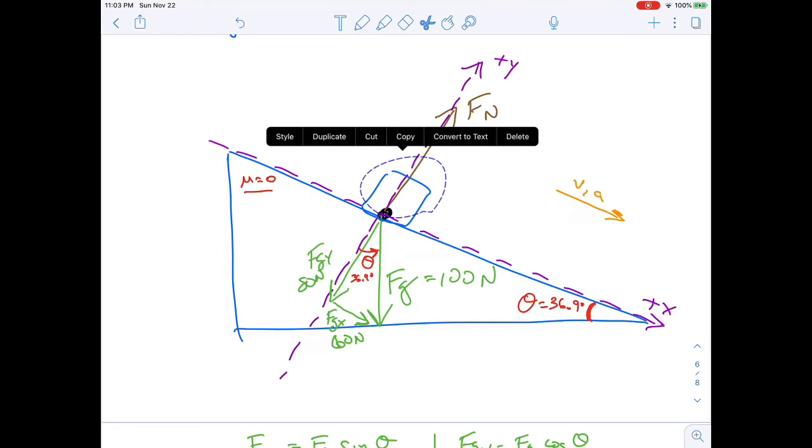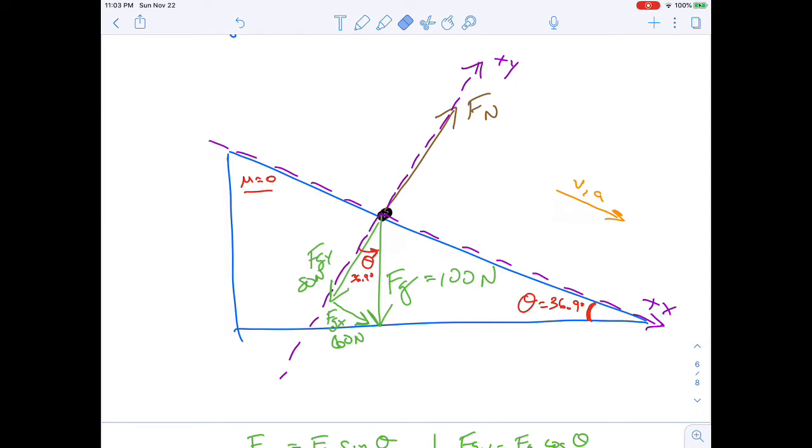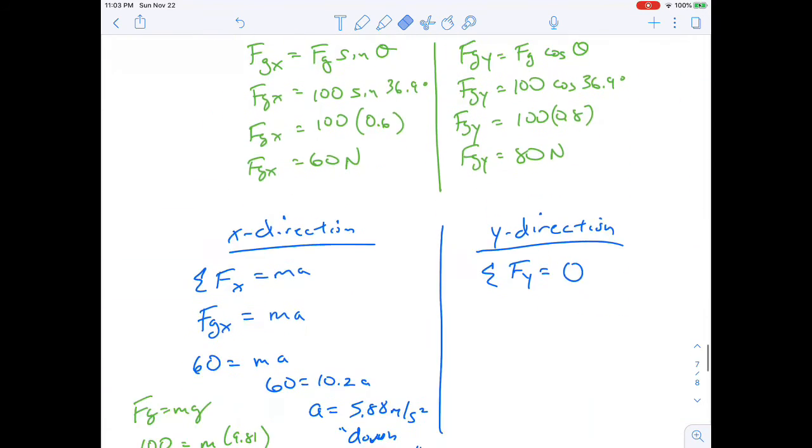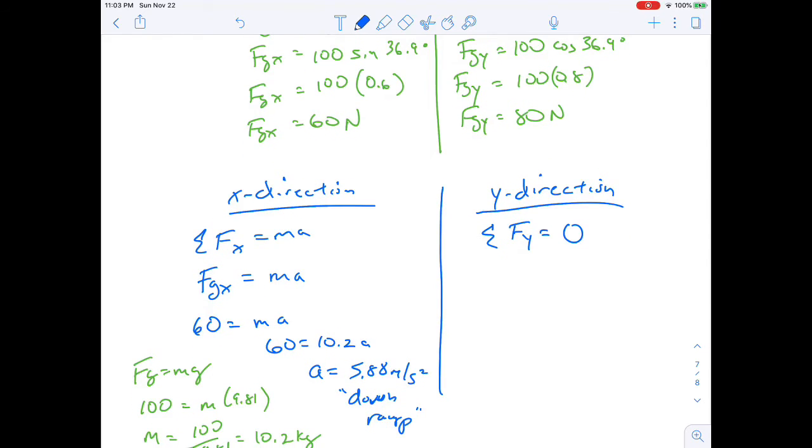And so we can assume that our y direction is in equilibrium, but that means that the normal force minus, not Fg anymore, because it's not all of gravity. The only portion of gravity that acts in the y direction is, well, the y component.